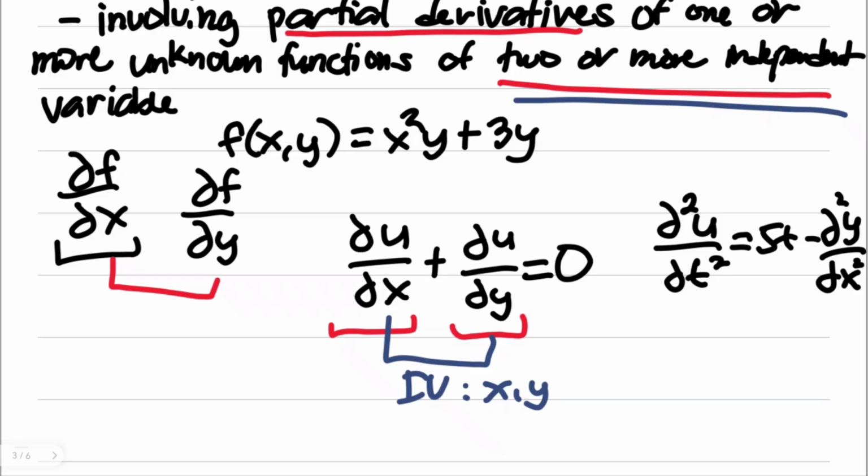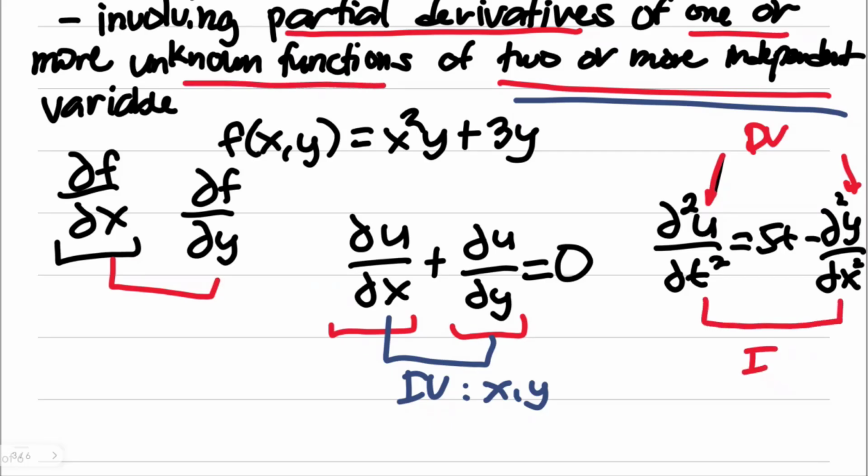We can see here that we have two functions, two dependent variables, u and y. So this still fits the definition of one or more unknown functions. And clearly, we also have two independent variables, t and x, under the same equation, considering that they are partial derivatives. So this is an example of a partial differential equation.